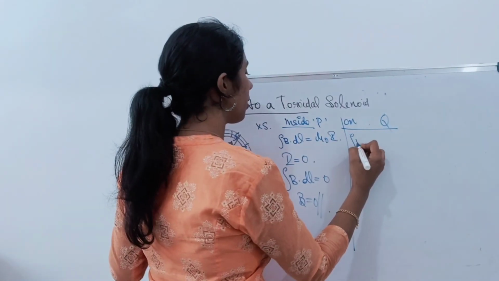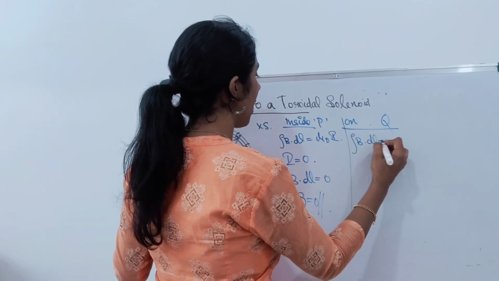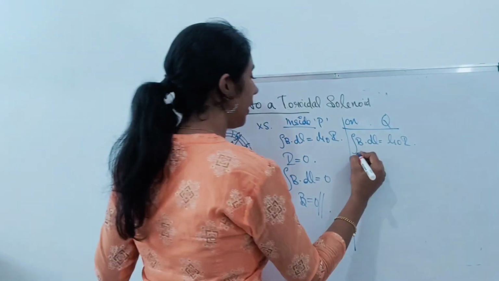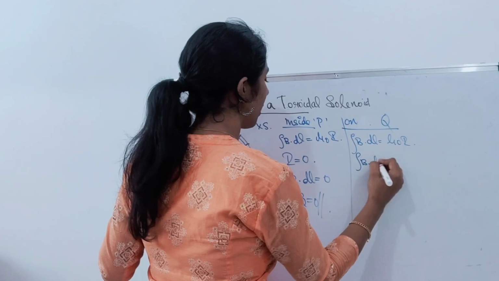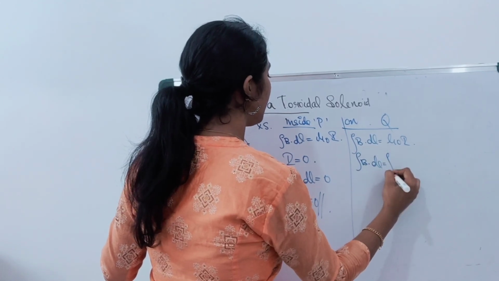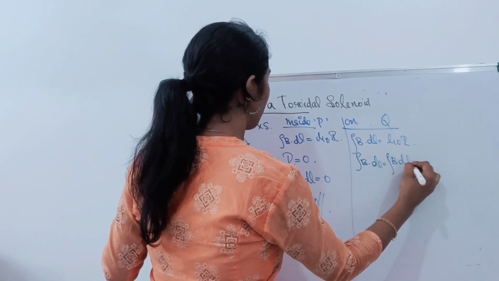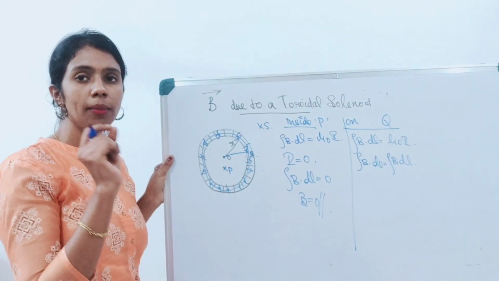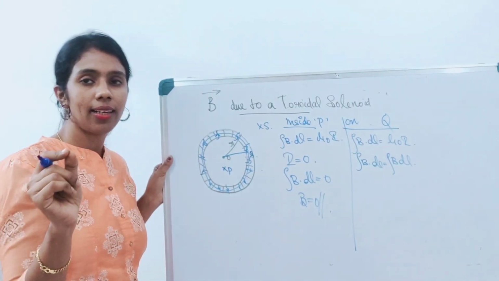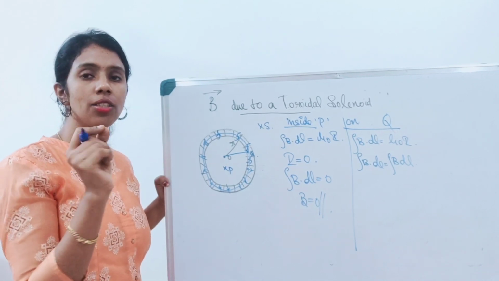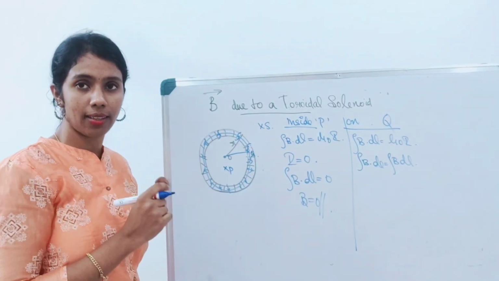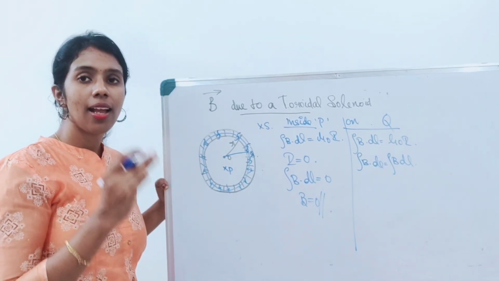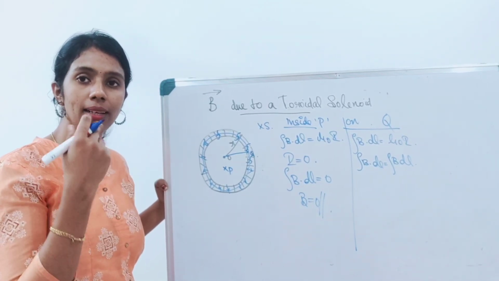According to Ampere's circuital law, integral B dot dl is equal to mu 0 I. Here integral B dot dl is equal to integral B dl, because both the magnetic field as well as the current element dl are tangential to the circle. The Amperian loop is a circle. As a result, the angle between them is 0 degree.